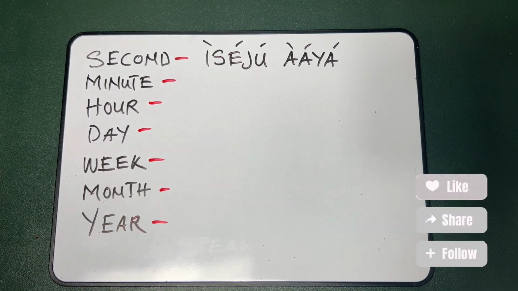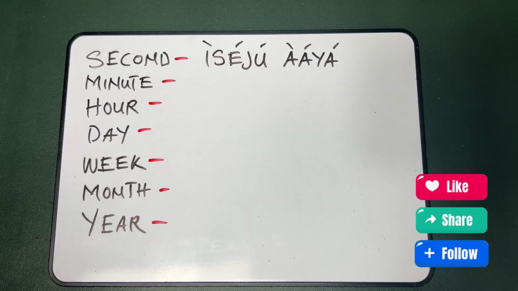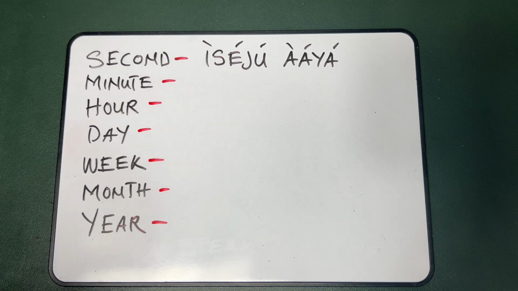But if you already understand the language and you don't need the ami, you can easily just speak it, making the right sound of the ami. It's in written Yoruba that you have to put the ami on it.